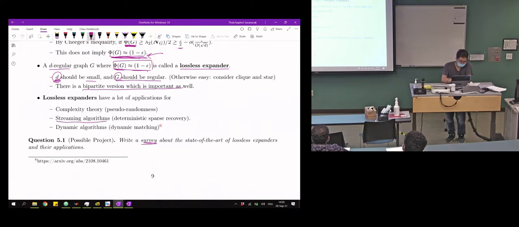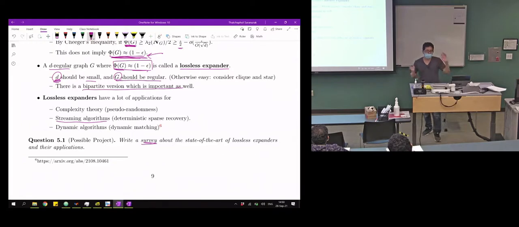By the way, if you know about streaming algorithms, I will just be brief about this. Most streaming algorithms are randomized. Otherwise, you cannot get anything done meaningfully. And moreover, it's not just randomized. It works only against something called an oblivious adversary. That is, you can assume that the adversary doesn't see what is going on at all.